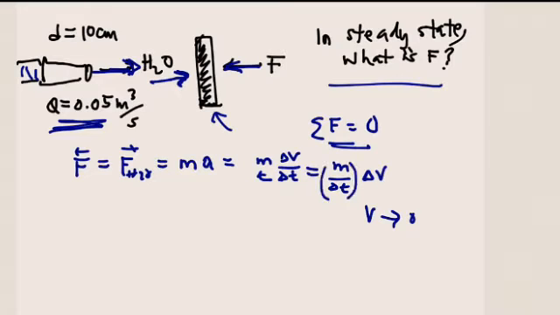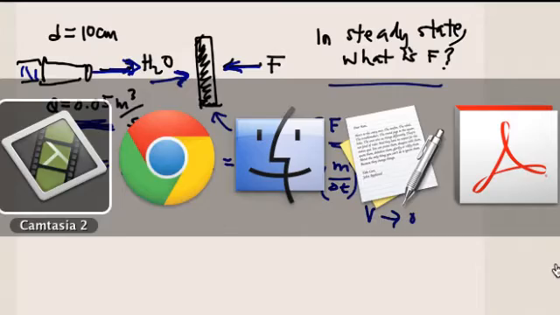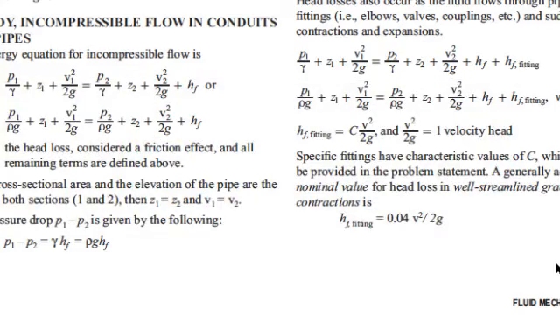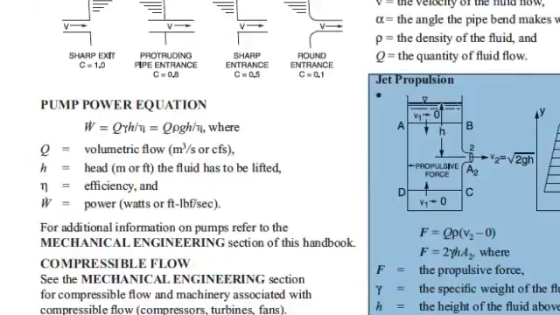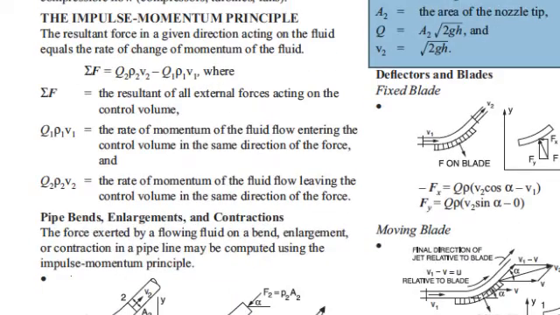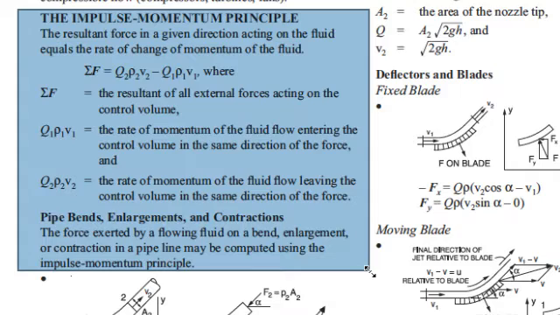And the change in mass per time is really basically the mass flow rate that's coming out of this hose. So you see this in the FE materials. Let's see if I can pull that up. If we scroll down here, there's an equation that represents it, the impulse momentum principle.